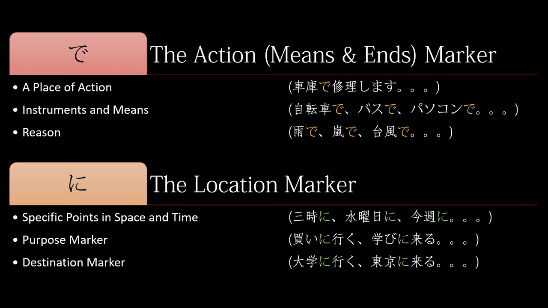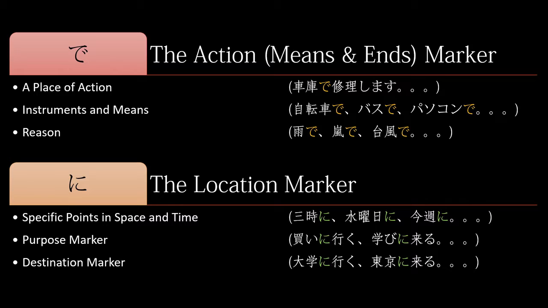In this section, I would also like to mention another thing, the difference between the two particles to help further distinguish them and avoid any confusion. First, ni is used with verbs of states to show where a certain state exists, existed, or will exist. Second, the particle ni is also paired frequently with verbs iru and aru to show where something exists.